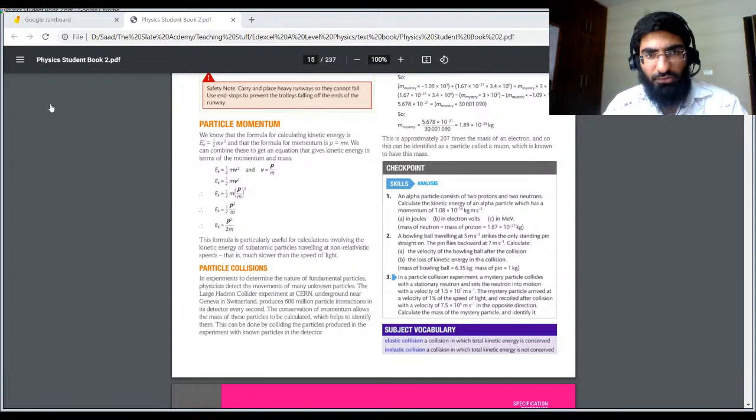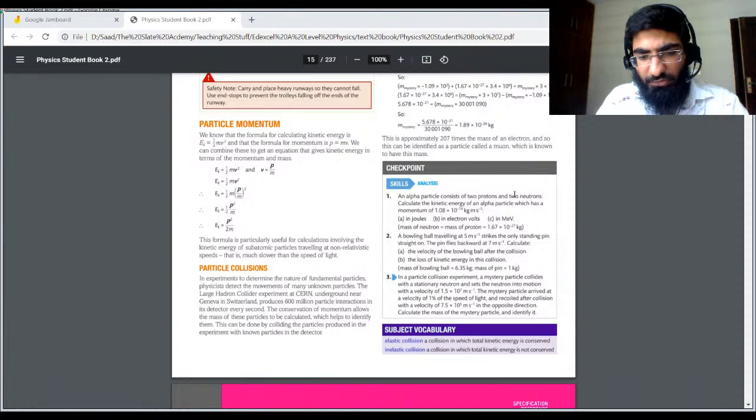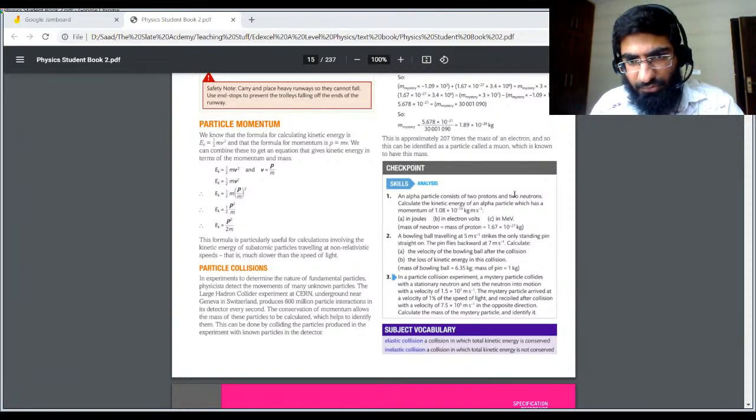Could you send me your email address in the chat? Google Meet chat. Yes. Oh, yes, found it. Found it. Physics Student Book 2. Sent.